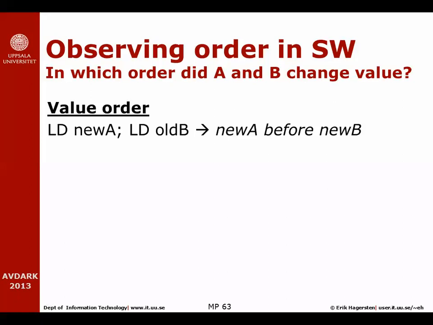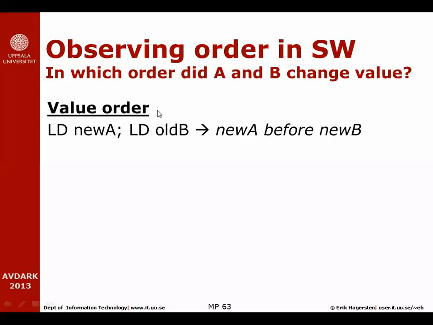Because typically there is some kind of order defined between them. Not always. One way to write a piece of software that could detect this would be software that first reads the new value of A, after which it reads the old value of B. Then we can draw the conclusion that new A was born before new B was born.